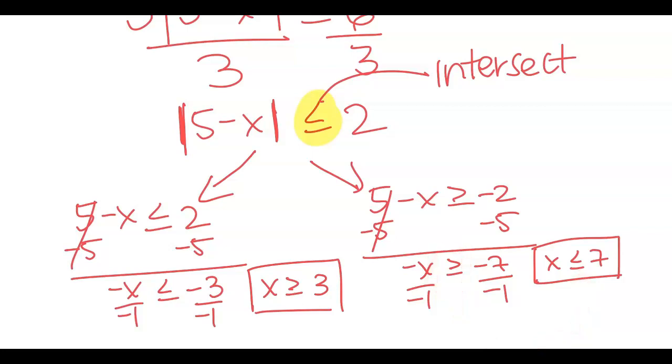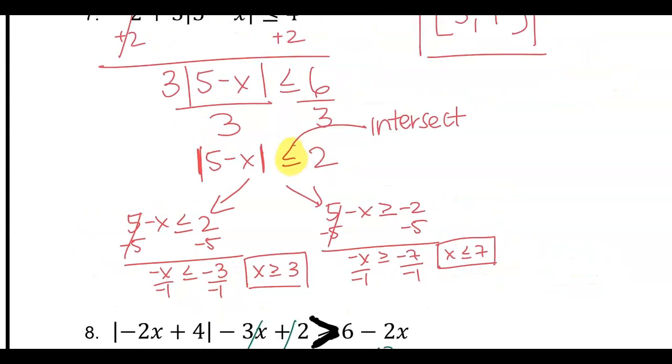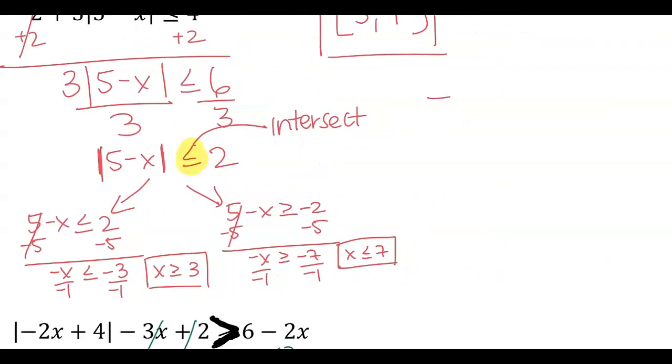That step of dividing and switching your sign is super important because it helps you determine if it is supposed to be an intersection, does it actually create an intersection when you solve it? If you're like, oh, that flipping doesn't really make any sense, I'm not going to do it, you're going to mess up on your answer. If this is an intersection, when I graph both of these, I should see both of those lines overlap. So over here to the side, I'm going to graph this out.